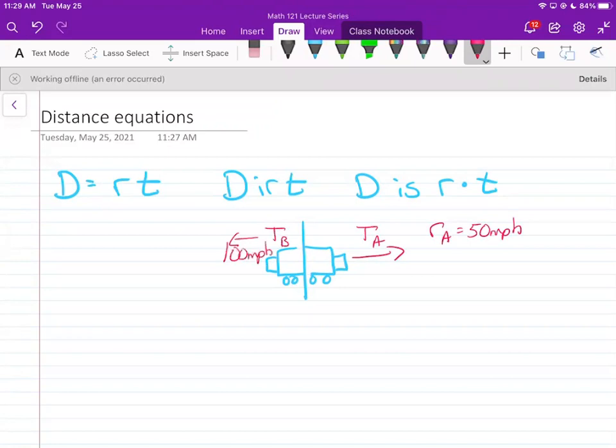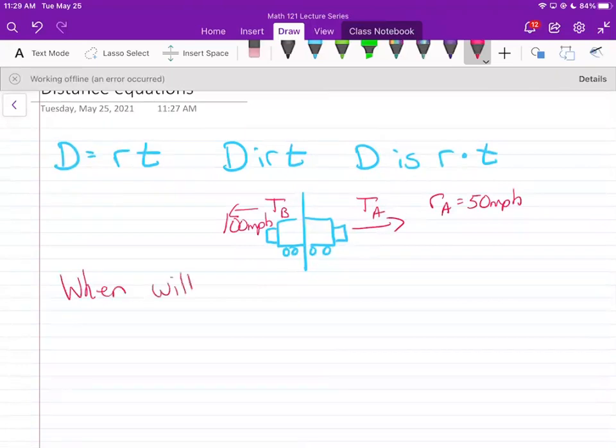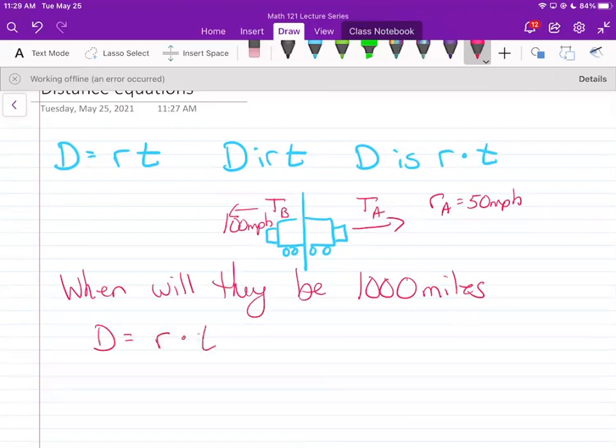They must live somewhere that the speed limits are not quite as important as they are here. If I want to know when the trucks will be 1,000 miles apart, what you need to remember is distance is rate times time.